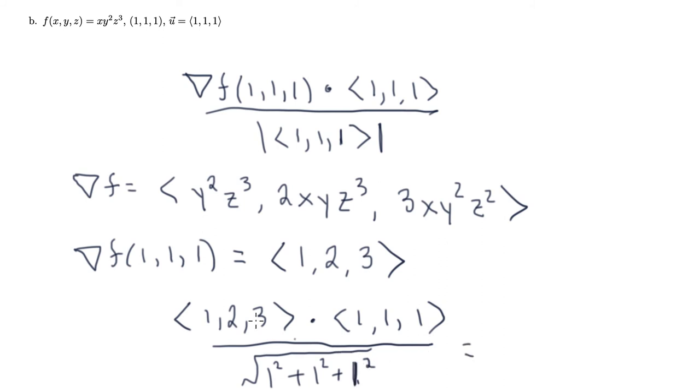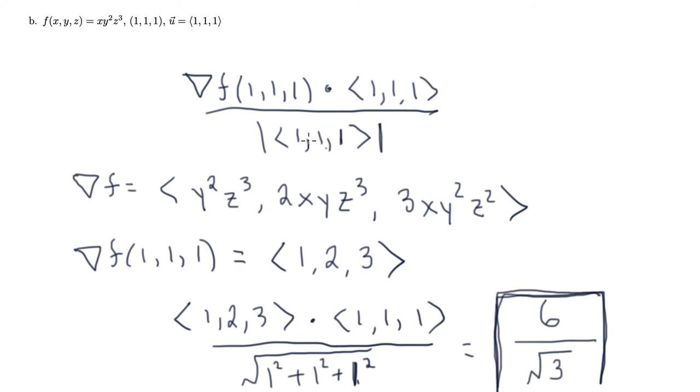And what is this? This is 1 plus 2 plus 3, which is 6, divided by the square root of 3. So that's the rate of change, or the approximate amount the function will change when we take a step in this direction.